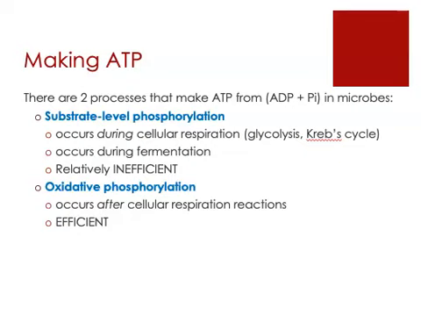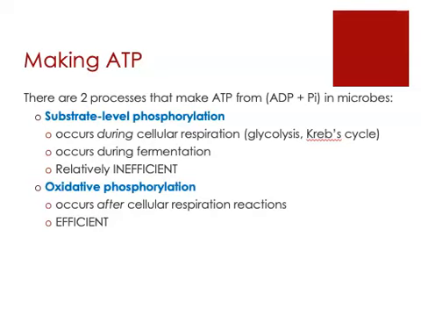We've also said that fermentation is a long series of reactions whose purpose is to make ATP. Now we need to think a little bit about how the ATP is made, the literal mechanism of how the ATP is made. And again, we've talked about this a little bit.